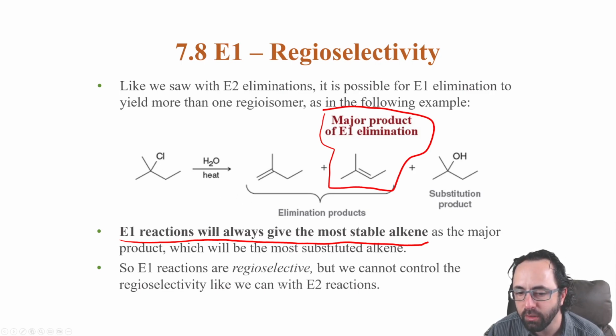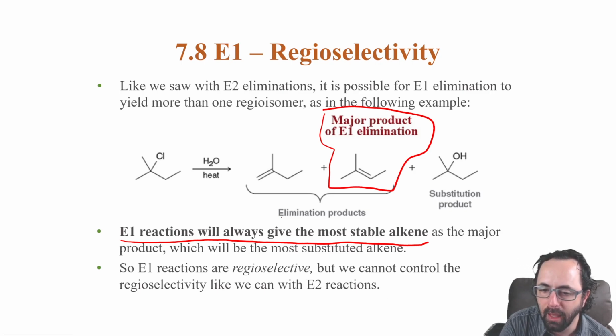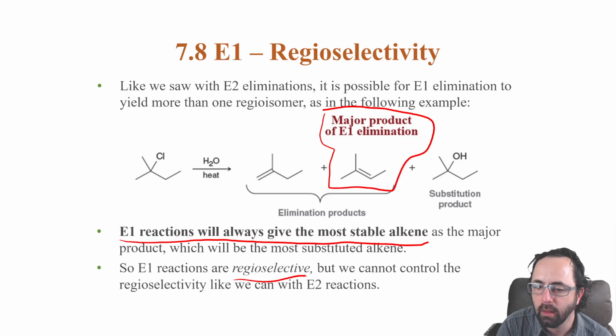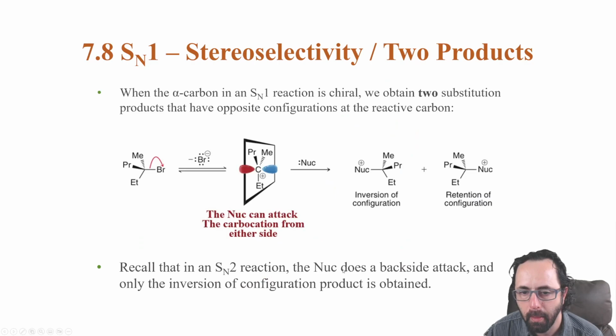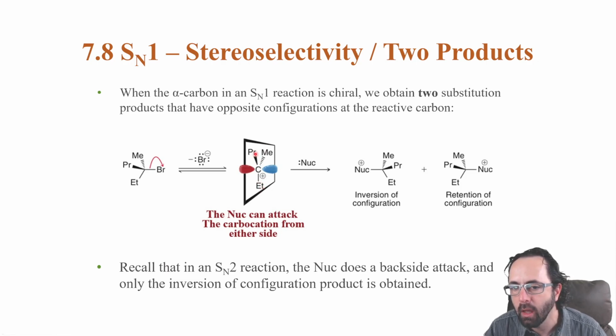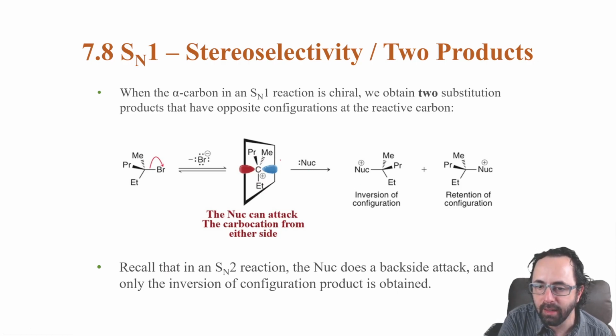So E1 reactions are regioselective, but we can't control the regioselectivity like we can in the E2 reactions by choosing a sterically hindered base. In terms of stereochemistry, something that differs between SN1 and SN2 reactions is, remember in SN2 reactions we had a stereochemical inversion, but because we go through a carbocation intermediate in an SN1 reaction, we have a flat intermediate here for which the nucleophile can attack from either direction, from this direction, or alternatively it could attack from the other side.